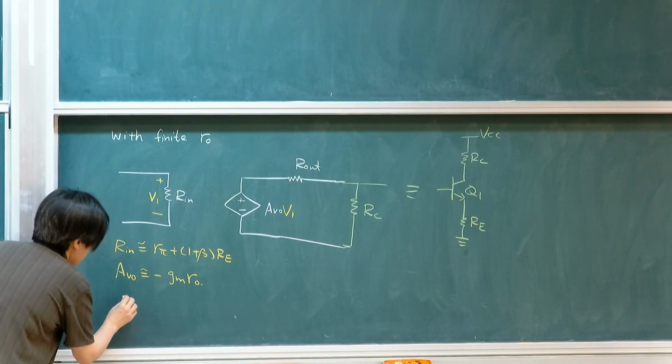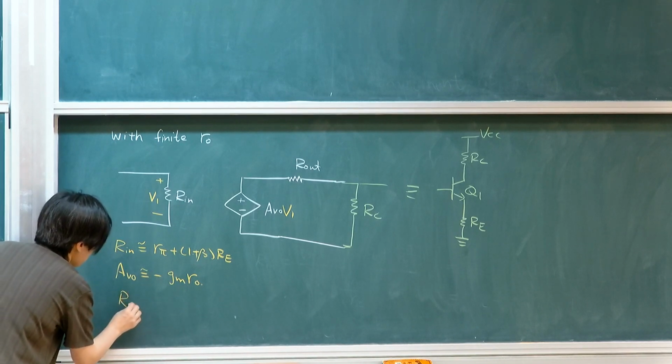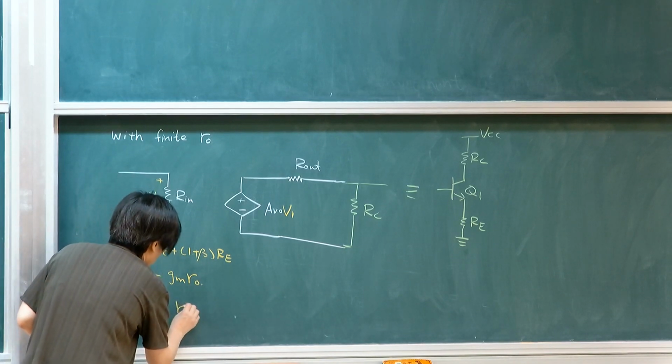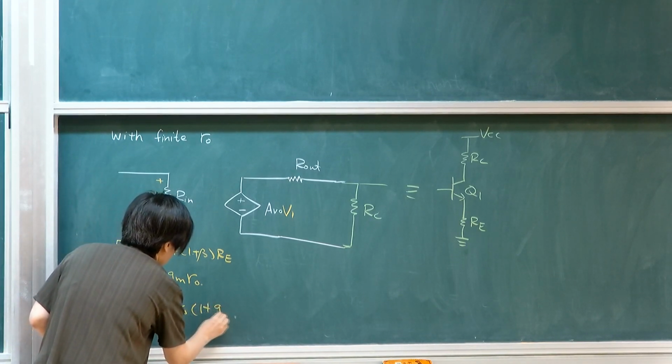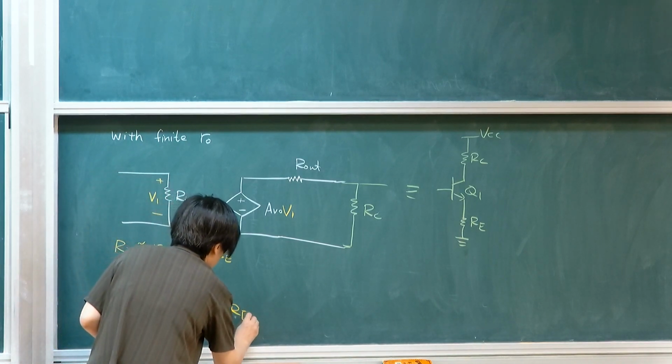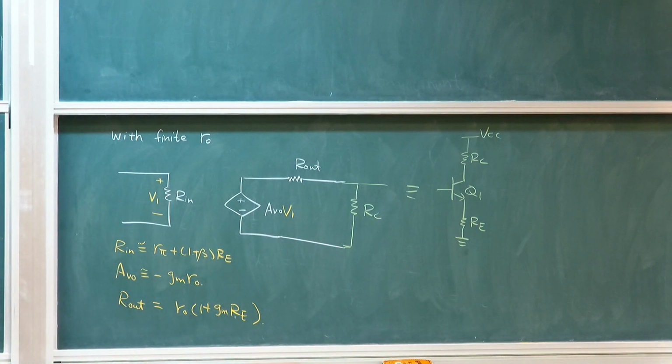And then my output resistance will be RO (1 plus GM Re). I'm using the approximation also because if you consider everything, it will be much more complicated. So we're assuming the condition where RE is much, much smaller than R pi for most degenerated designs.